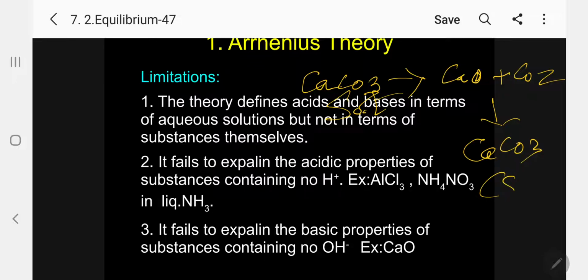So this is a salt. When a salt is formed, one should be a base and the other an acid. Carbon dioxide is an acid, calcium oxide is a base. So calcium oxide is a base, but it does not contain OH minus. Kindly follow. So this is a drawback of the Arrhenius theory.